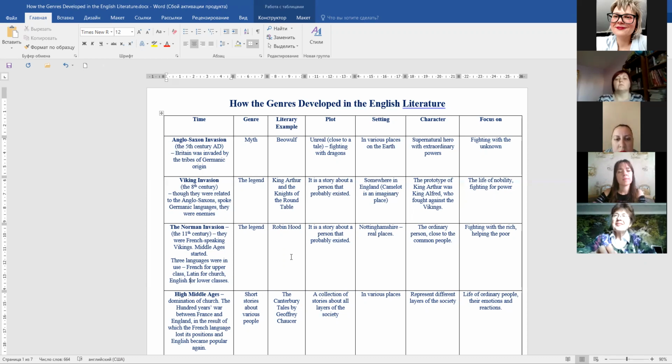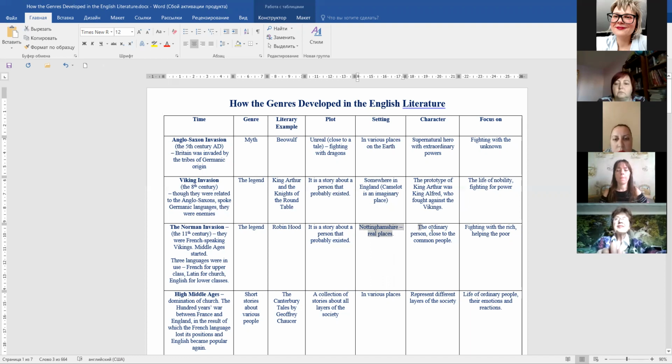Already we focus on the life of ordinary people. It is very influenced by the rich people, but we are already looking at people who know the needs of poor people, who help them, and they already live in real places.